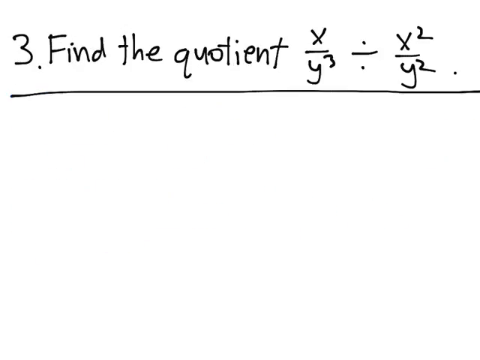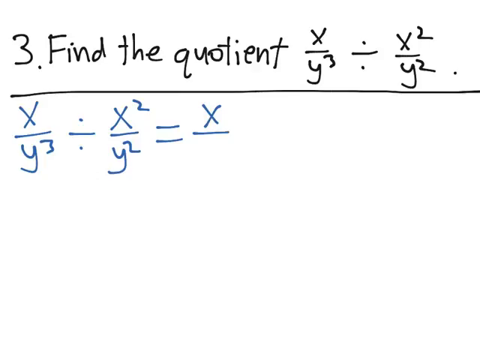Problem 3. Find the quotient x over y cubed divided by x squared over y squared. First, let's write this out. X over y cubed divided by x squared over y squared. Now, same as before, we're going to flip the x squared over y squared and change the division sign into a multiplication sign.